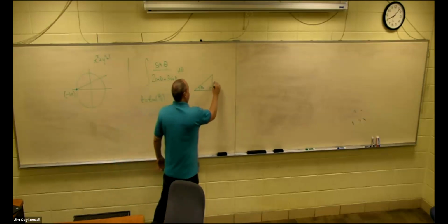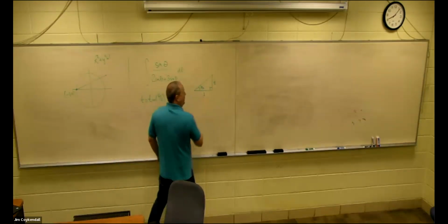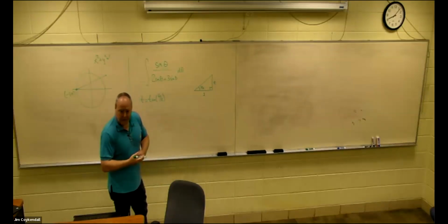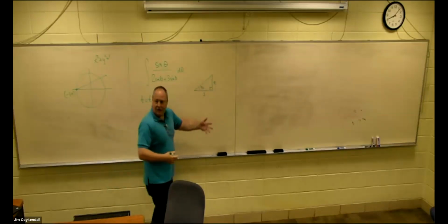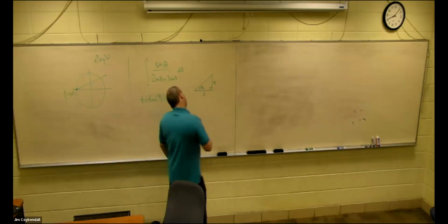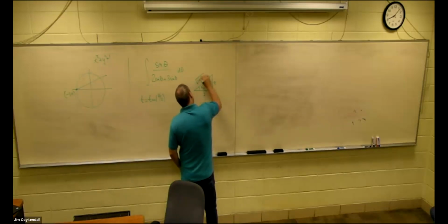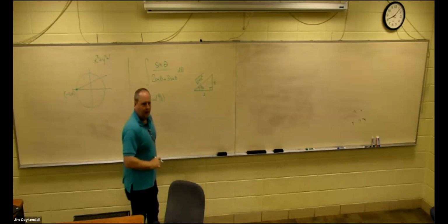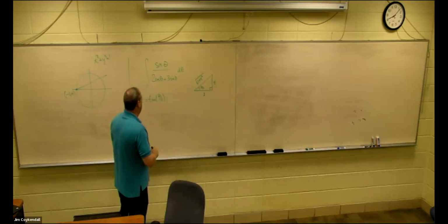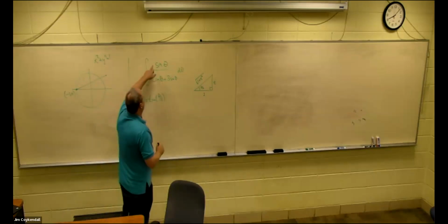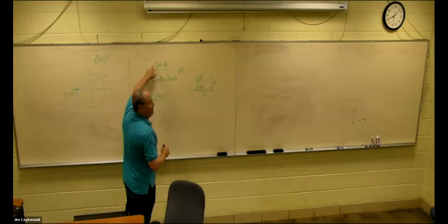t over 1 is the tangent of theta over 2. Agree? So the missing side should be... doesn't look like it's helping us so far. But here's the deal. What do we want to do? We want to take care of sine theta and cosine theta, right?